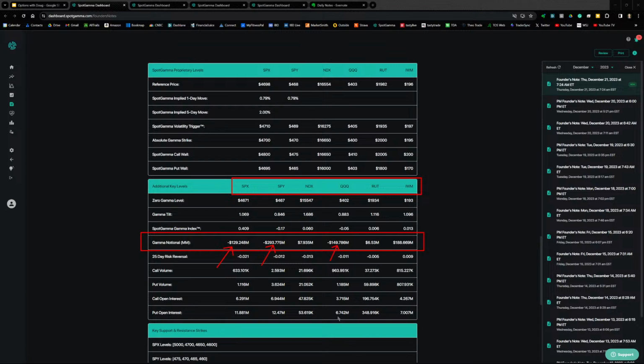So in a negative gamma environment, this means on this portion of the gamma curve, traders are long puts, market makers are short puts, and again, they have to trade with price to hedge their delta exposure. And these are all mildly negative, but shifted pretty sharply from yesterday. For example, gamma notional yesterday for SPY was 1.8 billion positive, and it shifted to 294 million negative.